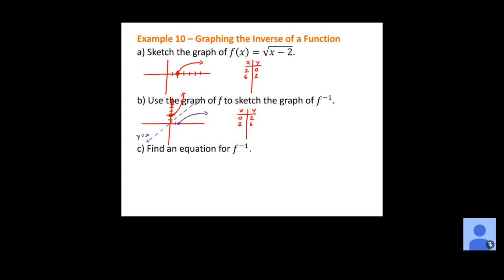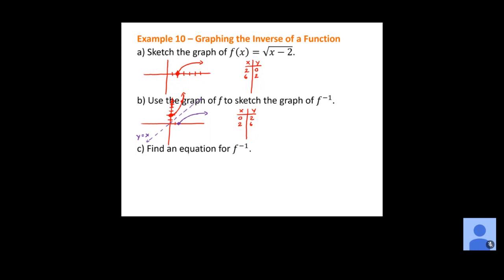All this is now is a reflection over that line y equals x. So whenever you're looking at inverse functions and thinking about their graphs, if you know the graph of the original, you can reflect it over the line y equals x, and that should give you the graph of its inverse.